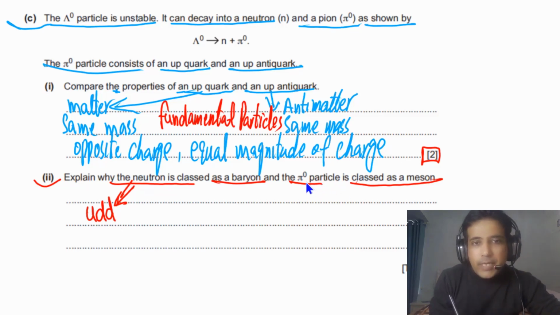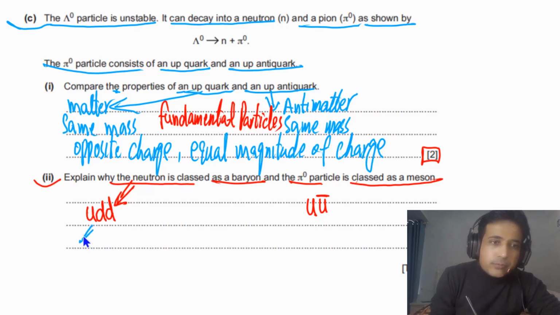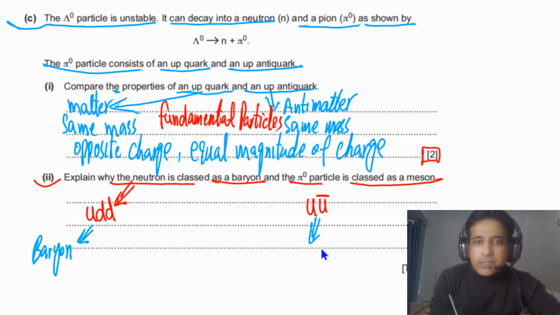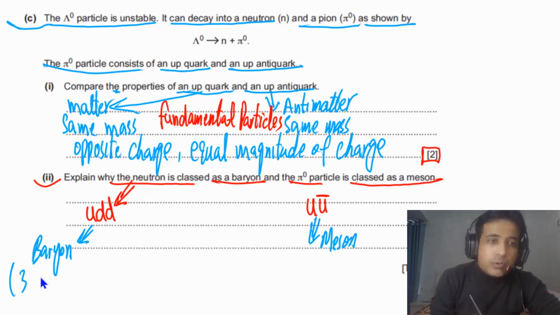And if we look at the pion, it consists of an up quark and one up anti-quark. So from the composition we can say this one is baryon and this one is meson. Baryon consists of 3 quarks. So neutron consists of 3 quarks, so neutron is baryon.